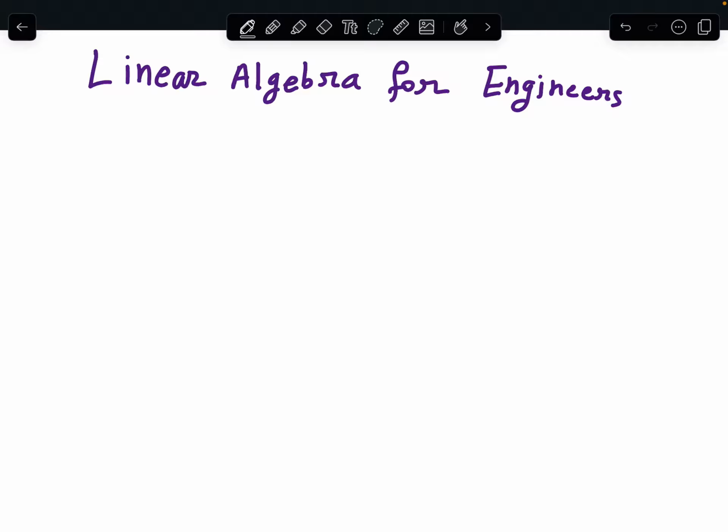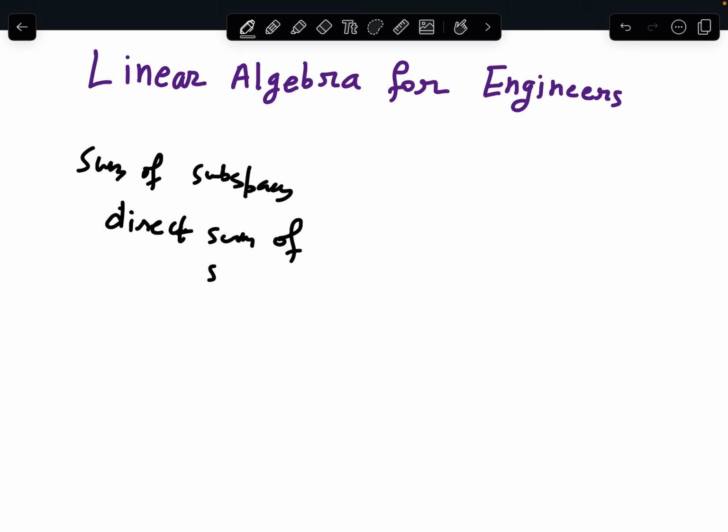In the last video, we talked about ways to form new subspaces out of given subspaces. One of the ways to do it is sum of subspaces, and a particular case of sum of subspaces was direct sum of subspaces.